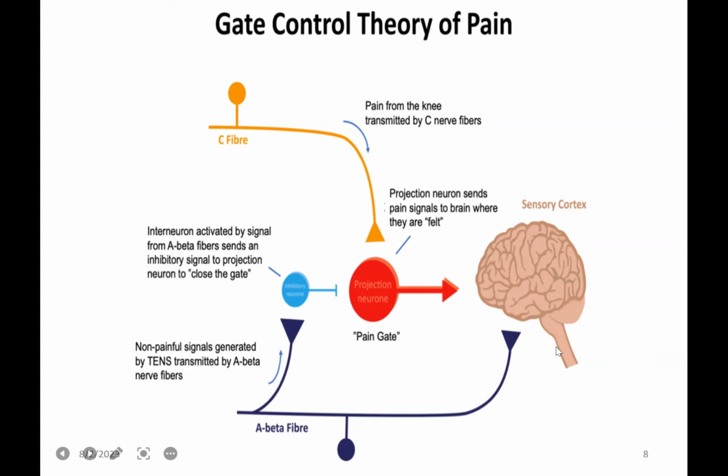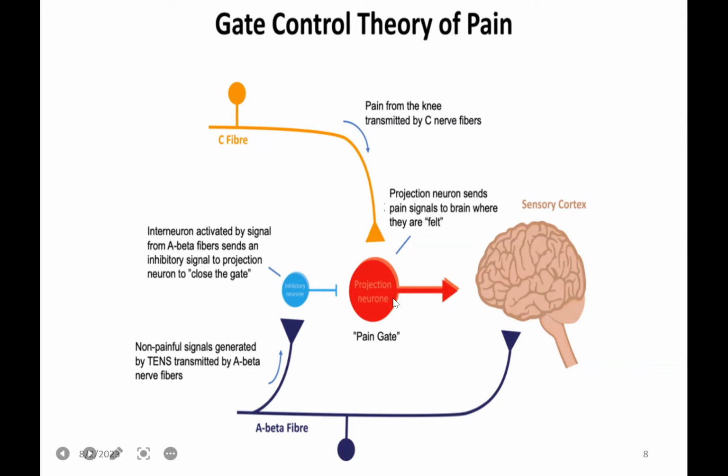So according to this theory, this gate here in red is constantly receiving sensory impulses from mechanoreceptors, thermoreceptors, and even nociceptors. But it has little preference for impulses that come through the C fibers, which is the pain signals.